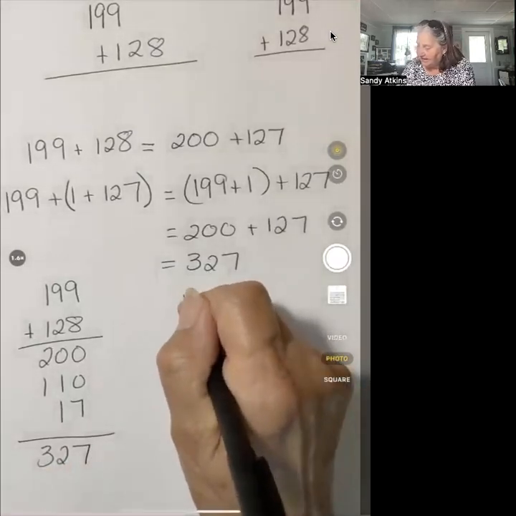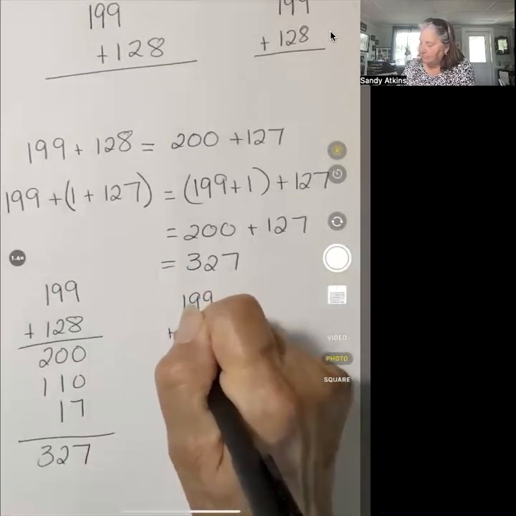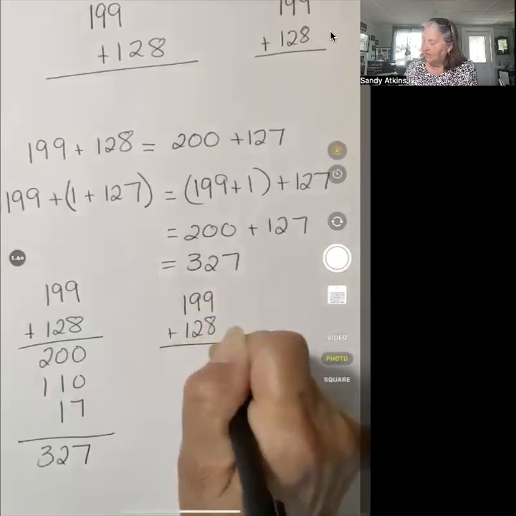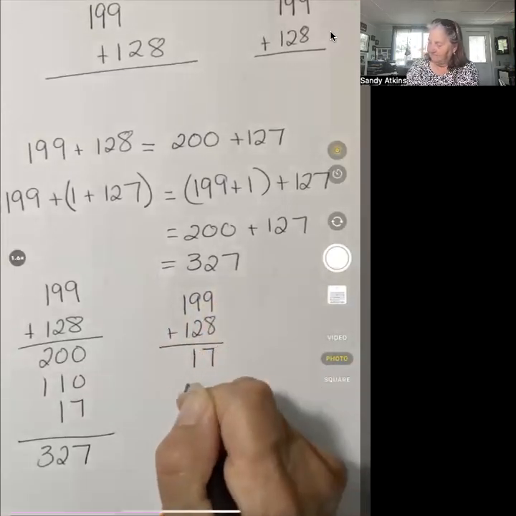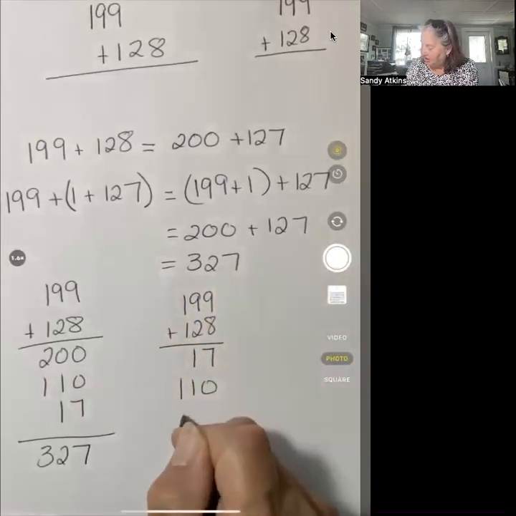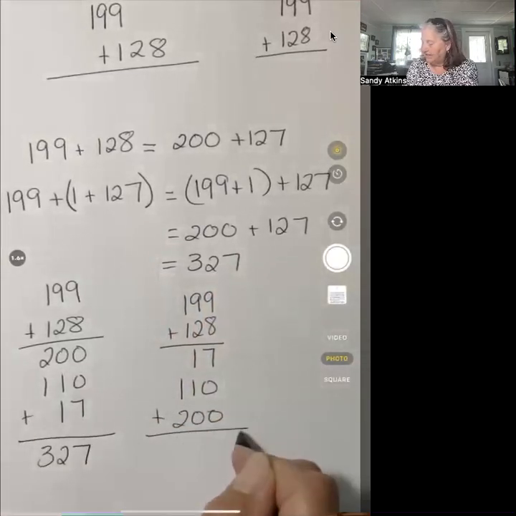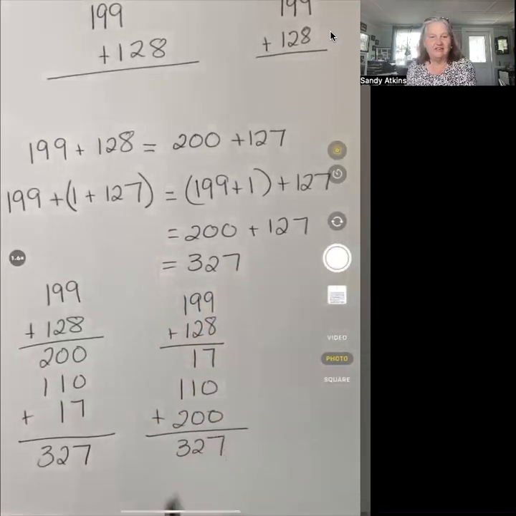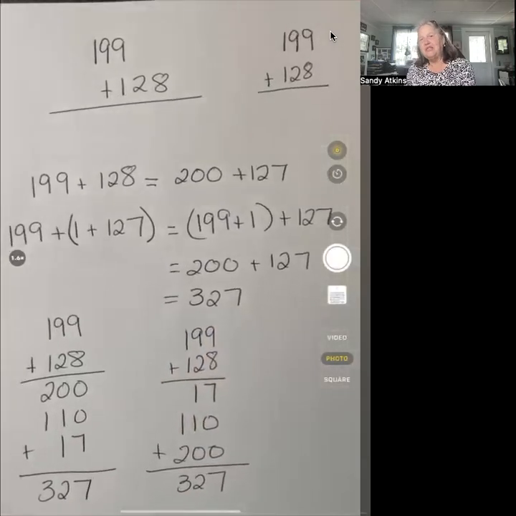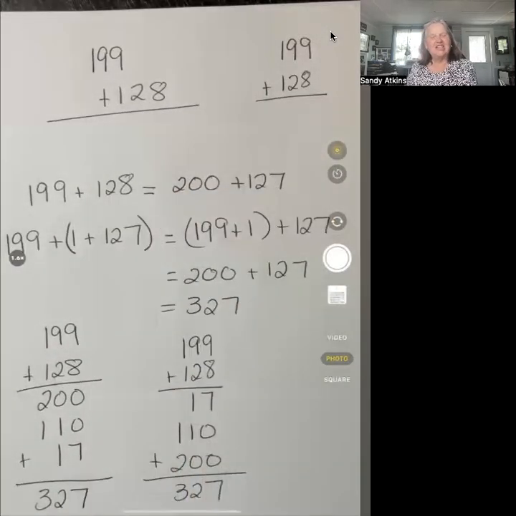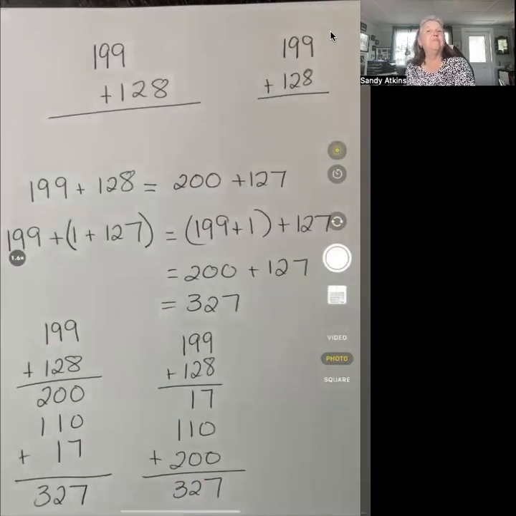And as I said, we could have done this problem with partial sums the other direction. It should not matter how I do this. I will still end up with 327. So this problem is nice because it gives us that opportunity to remember the associative property.